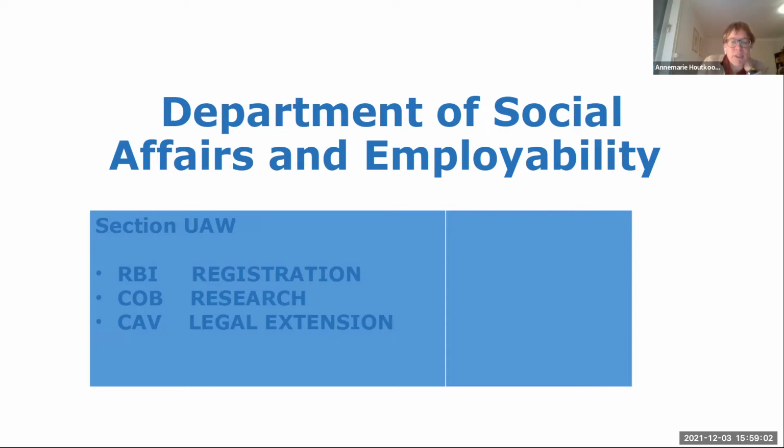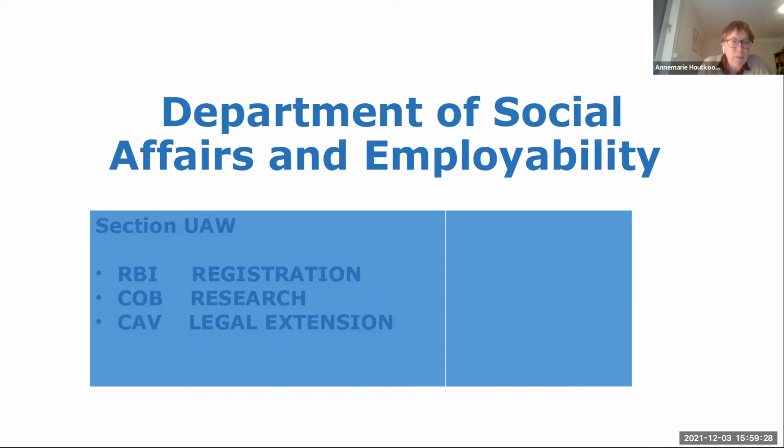And it's a section where CBAs are registered. There are three subsections in this section, and I will tell you something about our main work, but it's not complete. It's to give you an idea. The first one is where the CBAs are registered.